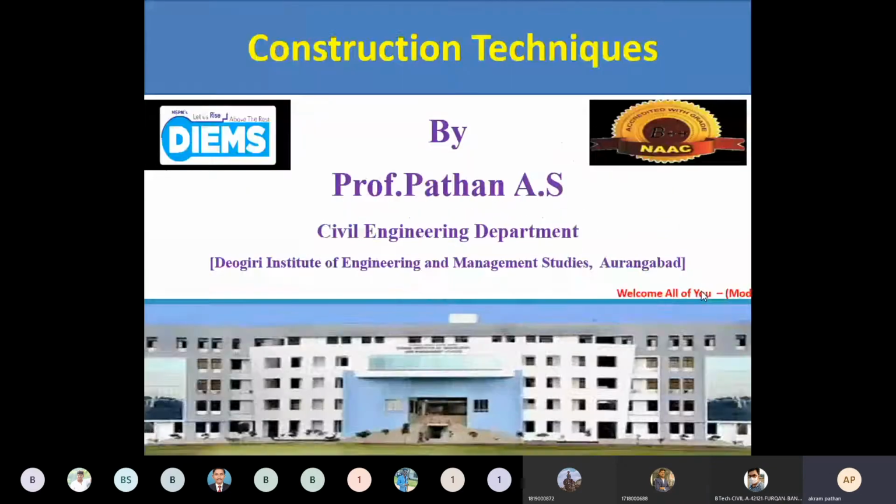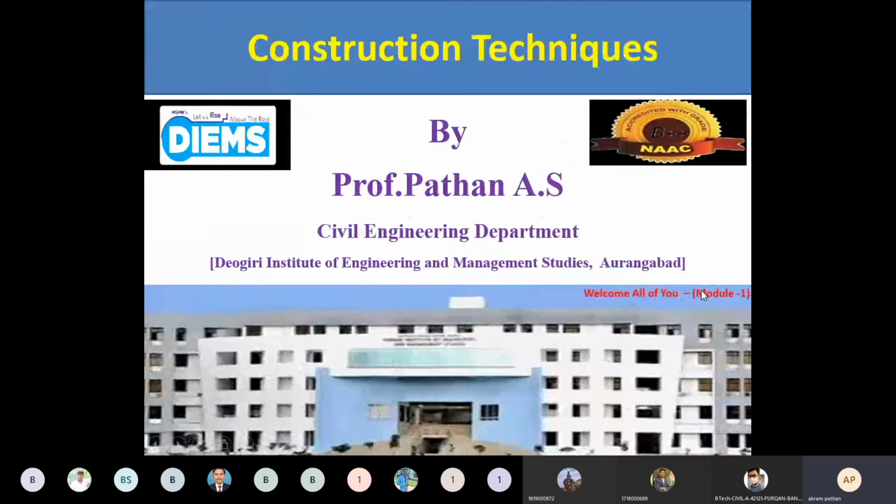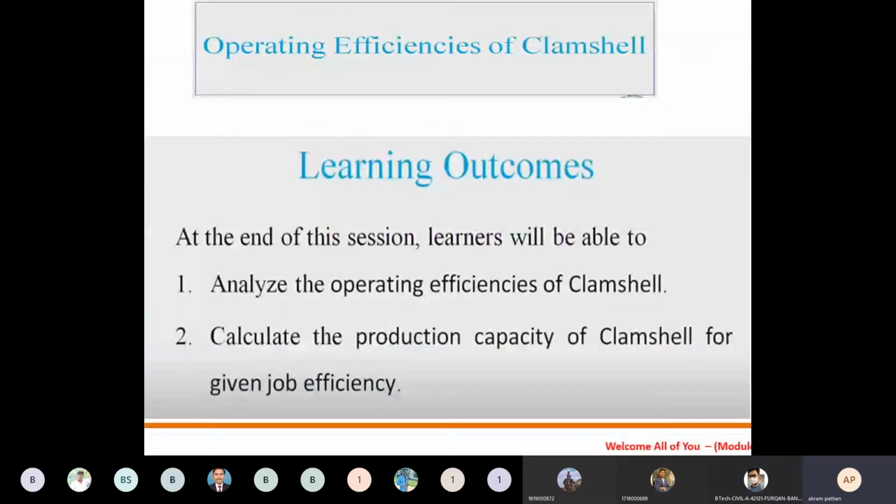Now, in the last lecture, we saw the operating efficiency of the clamshell. In this particular lecture, we will learn to analyze the operating efficiency of a particular equipment, and we have taken the clamshell to calculate its efficiency.